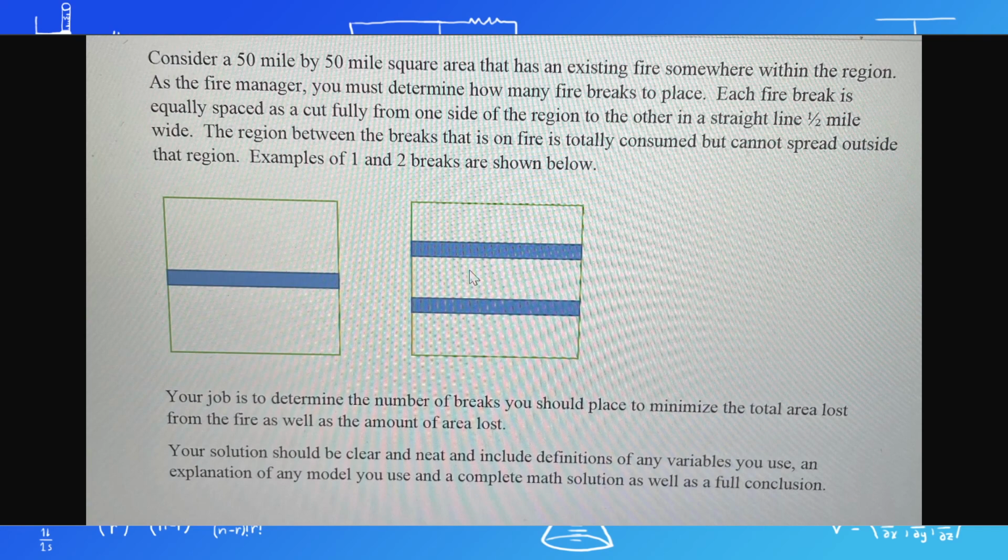So let me go ahead and switch over to my document camera here. And let me just go over what I see in this problem before we attempt a solution.